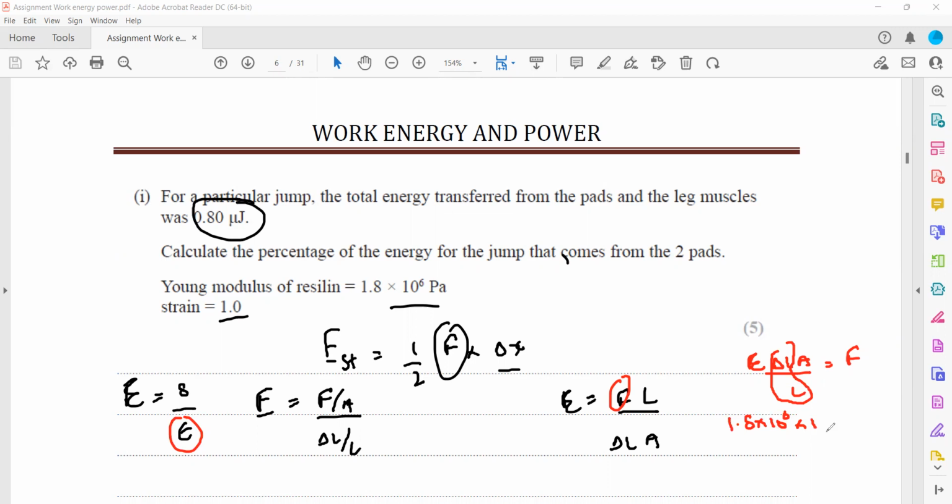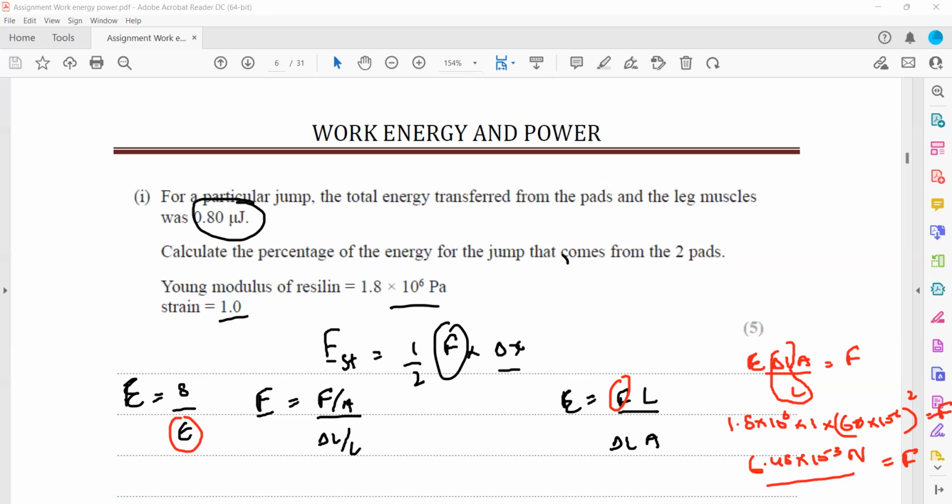Because it's a cube, the area is L square. So 60 micrometer, so area will be 60 into 10 power minus 6, squared. And that will give us the applied force. When we simplify this, the force will be 6.48 into 10 to the power minus 3 newton. That's the applied force.